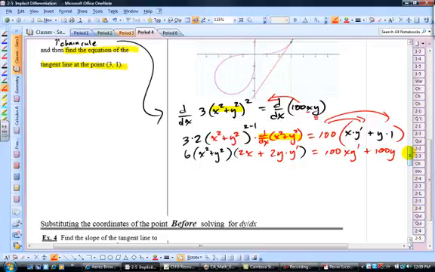Or we could substitute x equals 3 and y equals 1. Right now, everywhere we see x, we put 3. Everywhere we see y, we put 1. And then isolate y prime. You can actually substitute in your point before you isolate the derivative. So what do you think is easier? Isolating y prime now with variables everywhere?